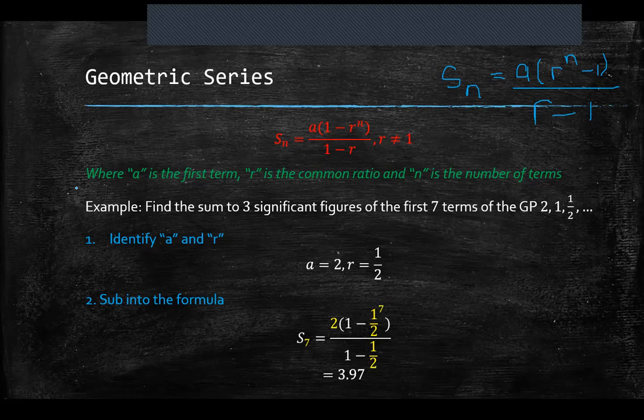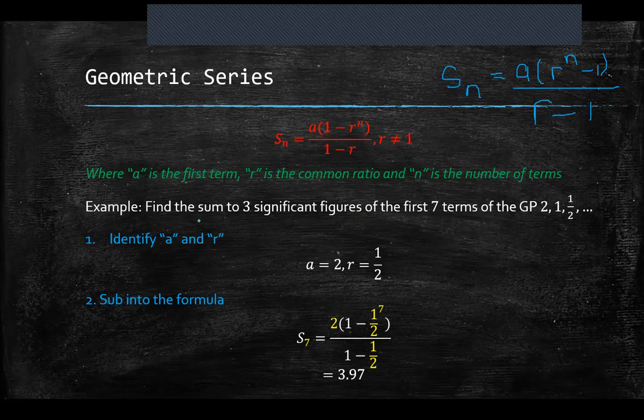For GPs or geometric sequences, you need to identify A and R before you do anything else, right? If they did not give it to you, you might have to use the equations and then divide and all that to find A and R. Moral of the story, you need to get A and R before you do anything else. For APs, A and D before you do anything else. Okay.